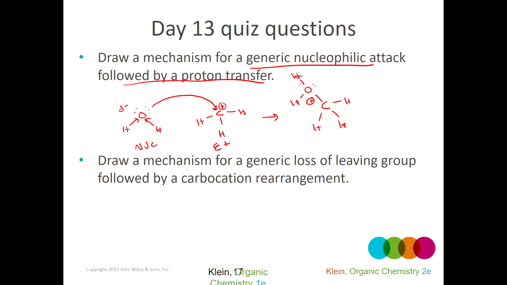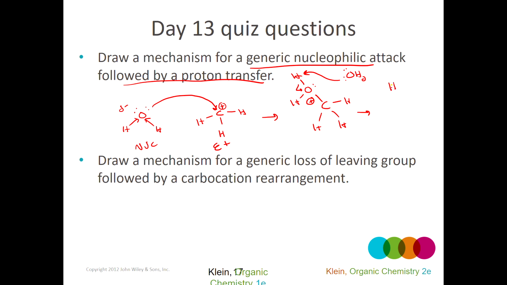The proton transfer would occur afterward, because once the nucleophile attacks, it's now unstable with a positive charge. So if it lost a proton, it would balance out its charge. So another water molecule or some other base that might be around could pick that proton up, and then these electrons could stay here. So the nucleophilic attack has one arrow in this example. Proton transfer always has two arrows.